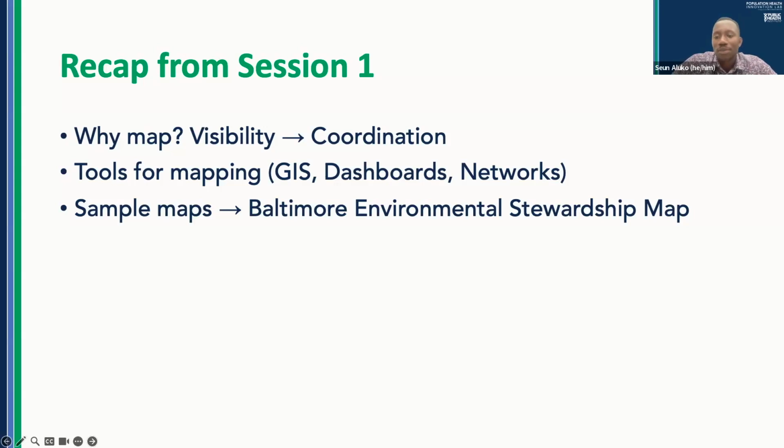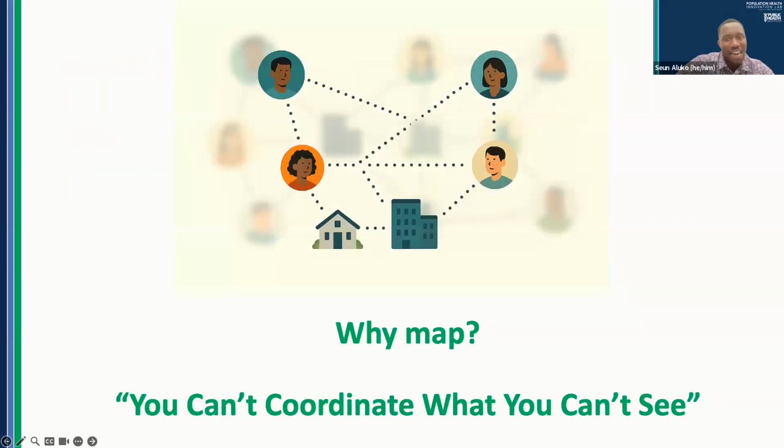Today, we will be exploring some of California's Medi-Cal CalAIM context in our specific use case. And I'm going to say it again: you can't coordinate what you cannot see. Before diving into the use case, I want to pause here on why we map. Mapping is about making the invisible visible. You want to be able to see assets.